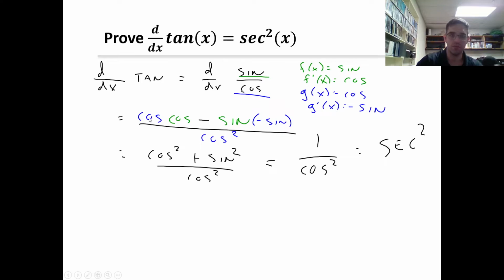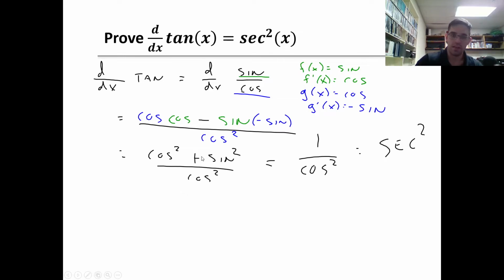So if we set this up with the quotient rule, we get the derivative of sine over cosine is equal to the bottom times the derivative of the top, so g f prime, minus the top times the derivative of the bottom, so f times g prime. And we see that we get cosine squared, and then two negatives make it a plus, so it's cosine squared plus sine squared, and it's all over the bottom squared, so cosine squared.